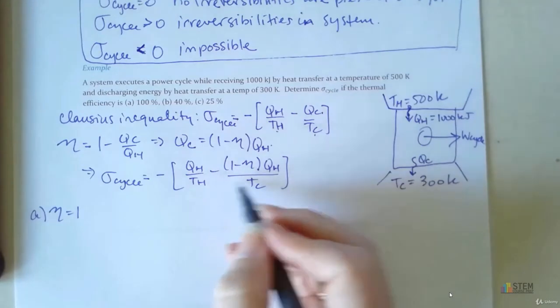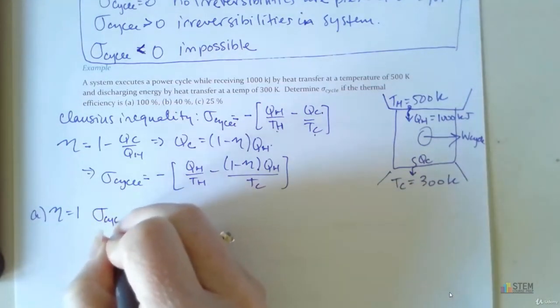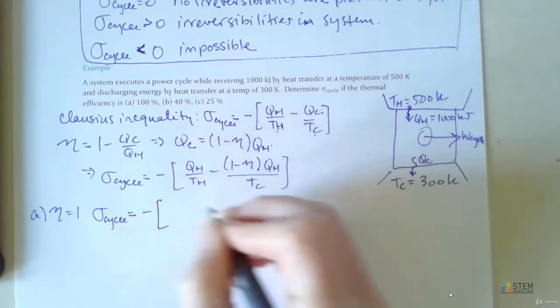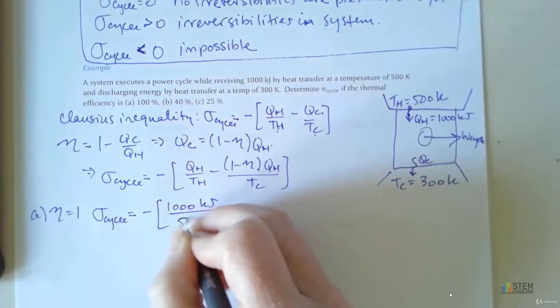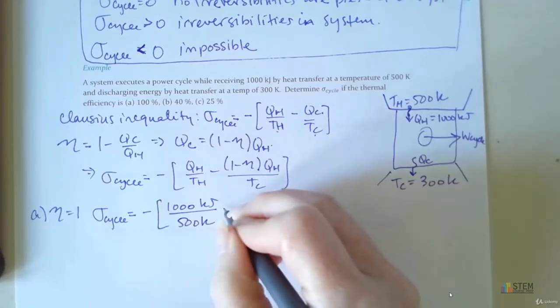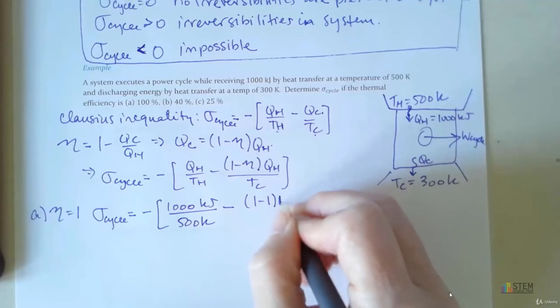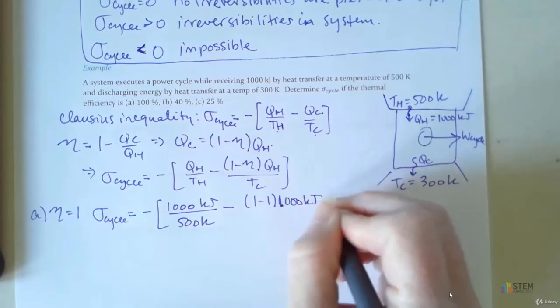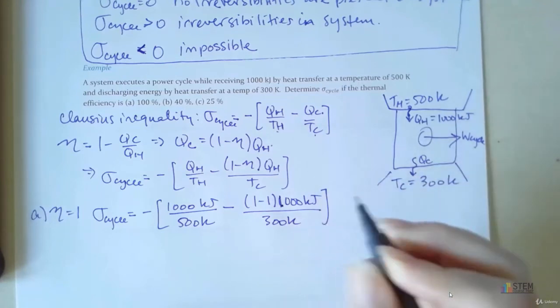Now we're going to use our values in this equation. So sigma is going to be negative 1,000 kilojoules per 500 Kelvin. And then we're going to subtract 1 minus 1, and then QH is 1,000 kilojoules. Put that over TC, which is 300 Kelvin.